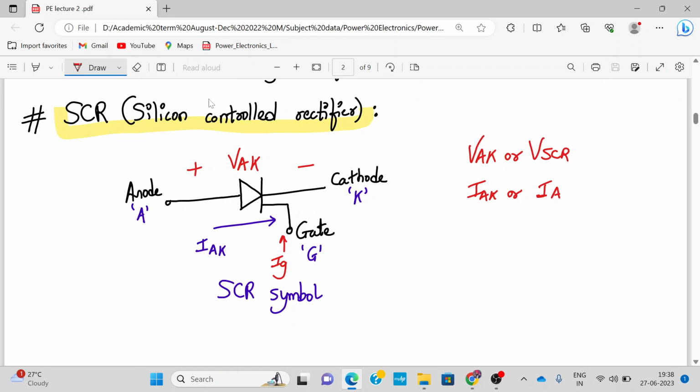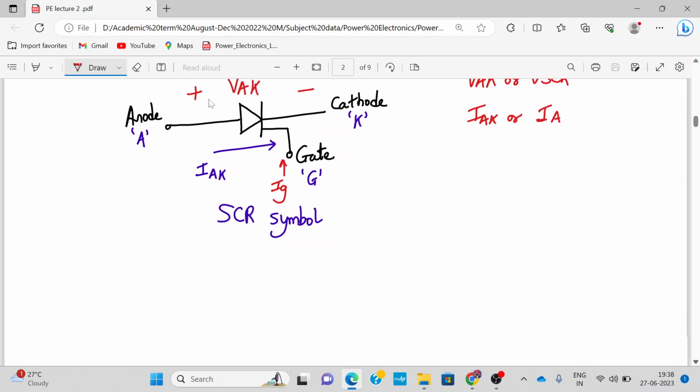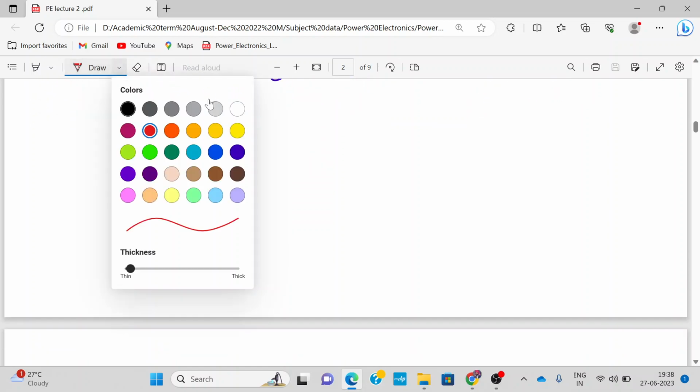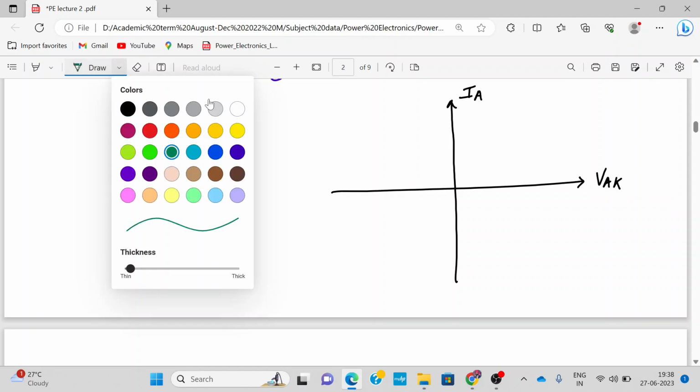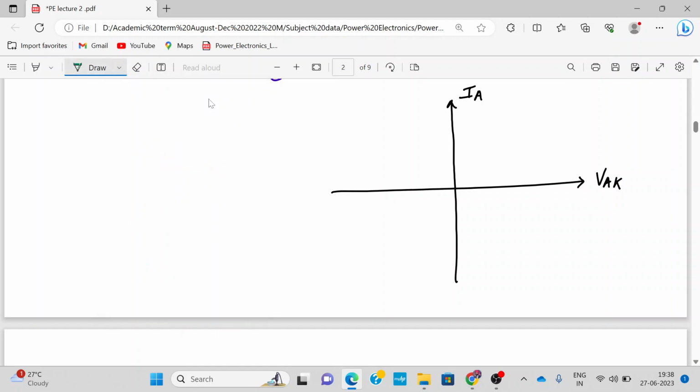Now let's dive into its ideal behavior, because we will shortly know why the ideal behavior is preferred. So let's draw the ideal IV characteristics of the SCR. Here we write IA, and here VAK, the anode to cathode voltage. Now listen, this is very important, so let's mark it together. This first characteristic is similar to the reverse blocking mode characteristic of a diode, but in the positive x-axis.